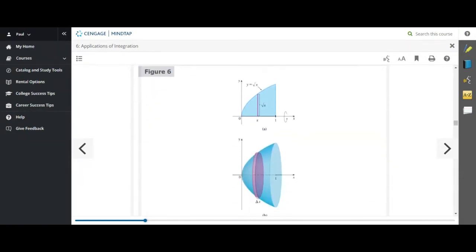So is it valuable, you think, to be able to find the exact volume of that bowl there in figure 6? If you're a company that has containers in that shape and you're putting like, I don't know, pudding in there or something.